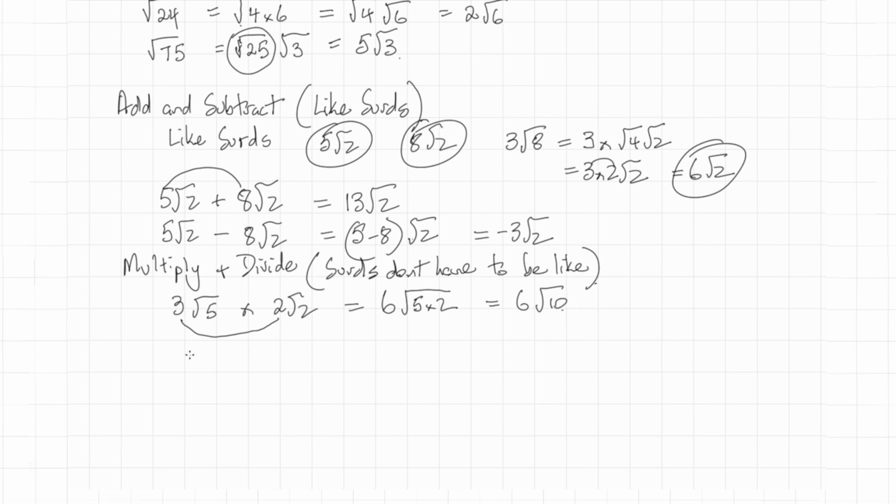If we've got 4 root 10 divided by 3 root 5. Now another way of doing division is 4 root 10 over 3 root 5.